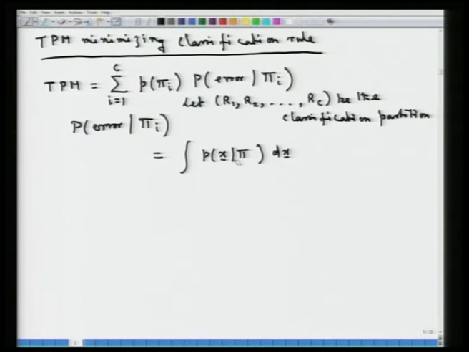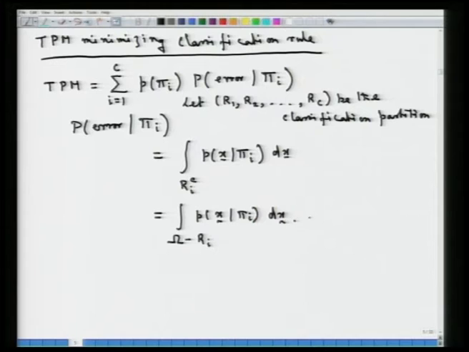So this is x given pi i, and then the integral is over the complementary region of Ri, because if x belongs to Ri, we are going to correctly classify it into pi i. Otherwise, if x belongs to any other Rj, not equal to the particular one we are looking at, the region can be written as omega minus Ri. So, this is the integral of p of x given pi i dx.